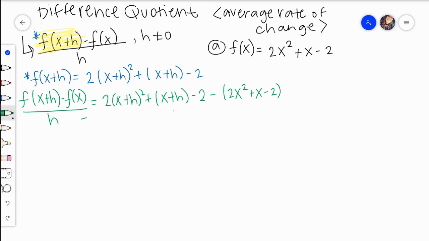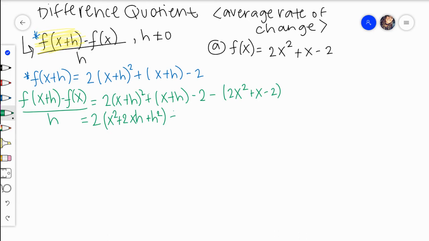Okay, so here I have 2 times (x plus h) squared. You're going to use FOIL to do that. X times x would be x squared. X times h is xh, and then we'd have another x times h. So we would actually have plus 2xh, and then on the last terms, I would have h times h, which would be h squared.